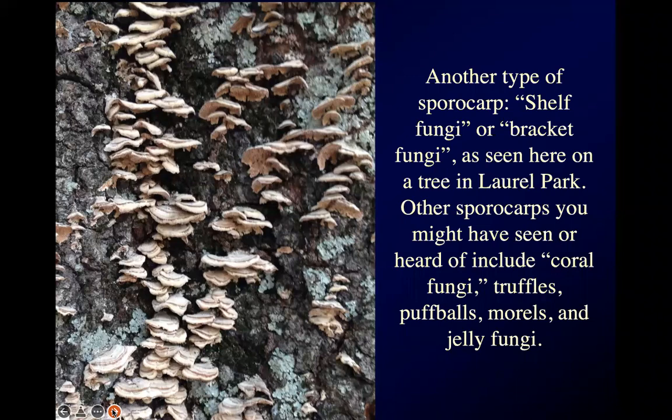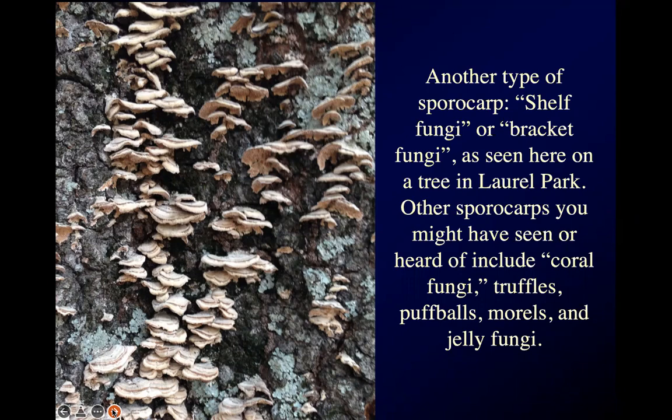If you go looking, you might encounter other types of sporocarps, so-called coral fungi, which kind of look like little branching things. Truffles, which are sporocarps that are completely buried underground. Puffballs, which if you squeeze a mature puffball, it'll shoot out a bunch of spores.